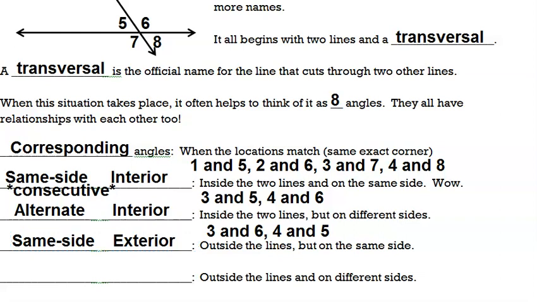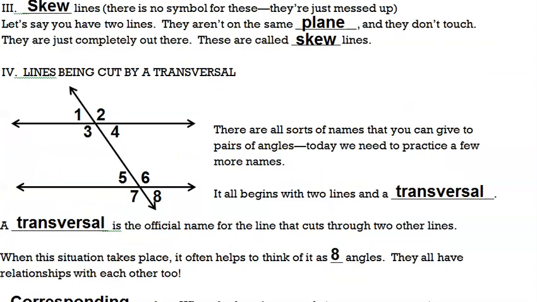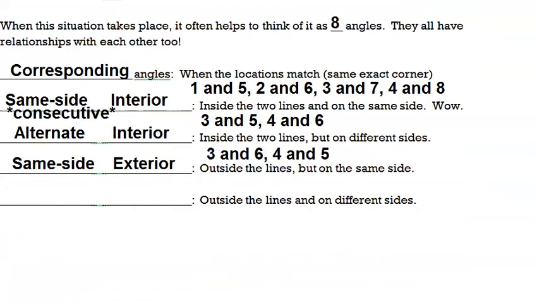So it's not that they don't exist, it's just we don't really talk about them much because they're sort of implied by everything else. So if you are not on the interior, you are on the exterior. That would be here and here. So same side would be 1 and 7 and 2 and 8. And then I think you can finish this deal from there.